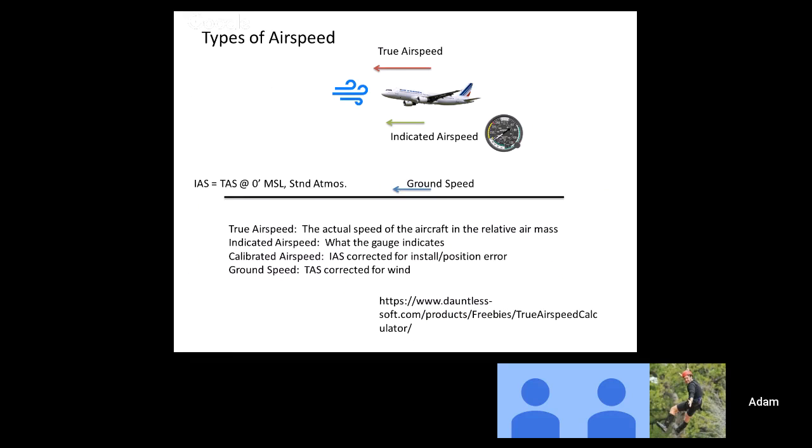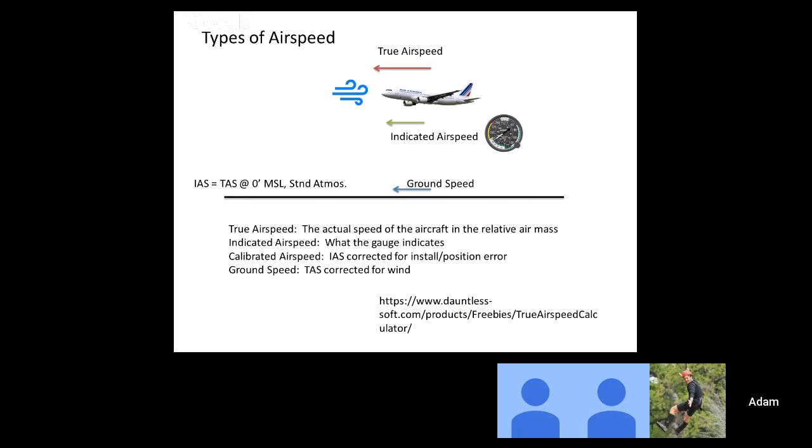Let's say you're on final approach, maybe 2 or 3 miles from the runway, and you encounter wind shear, a significant gust. Now, your aircraft's going to react to that. Of course, your true airspeed is going to change because, like we said, the true airspeed is your aircraft's actual speed relative to the air mass. But instantaneously, your indicated airspeed is going to be higher from that wind gust.